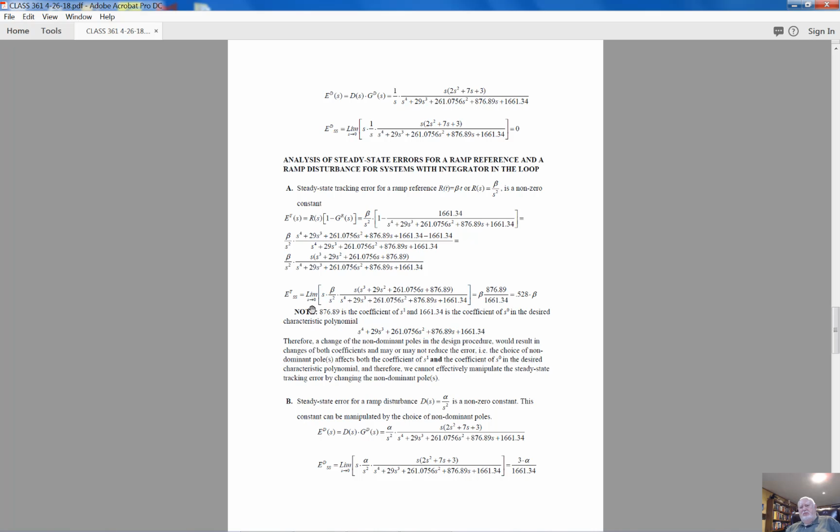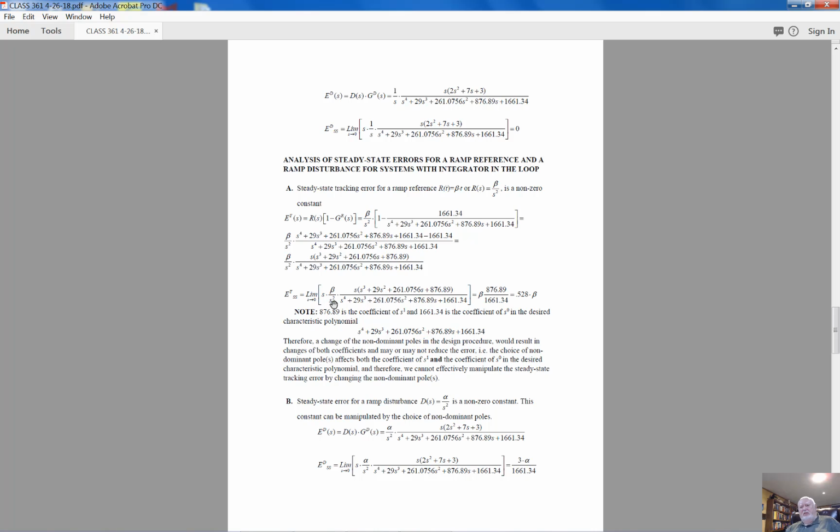It is the limit when S approaches 0. This S belongs to the final value theorem. This is beta over S squared, the reference. And this is what I used to have in the square bracket, 1 minus transfer function for reference. And we have this S in front of the expression. Now you can see that there is one S and another S in the numerator, and there is S squared in the denominator.